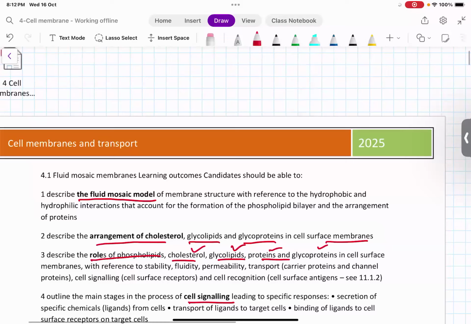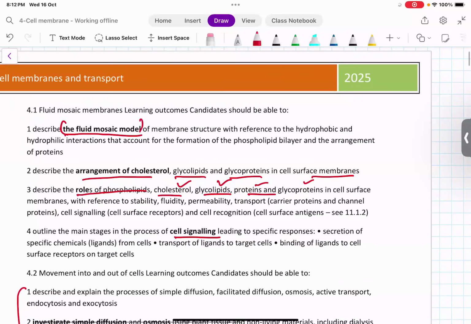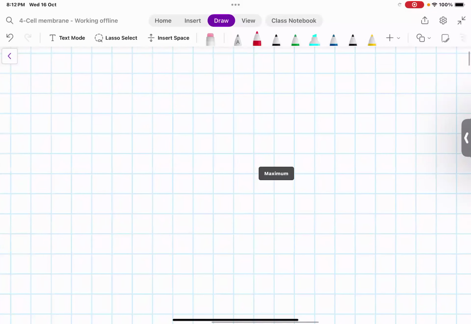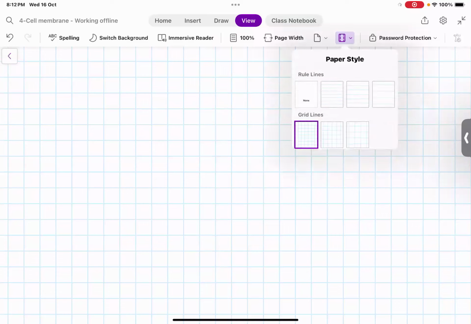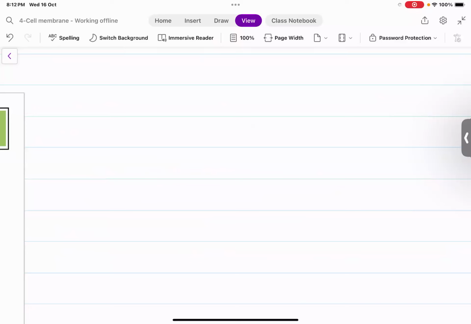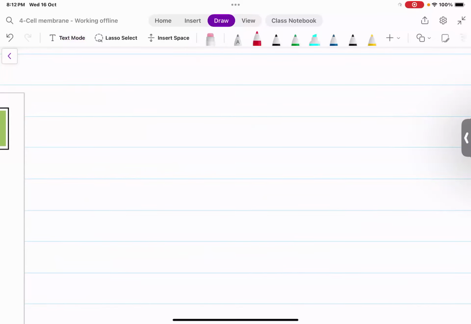So before we discuss the fluid mosaic model, let's have a look at the behavior of phospholipids. Before we discuss the fluid mosaic model, we should understand the behavior of phospholipids, and we have already discussed the structure of phospholipids in our previous chapter.